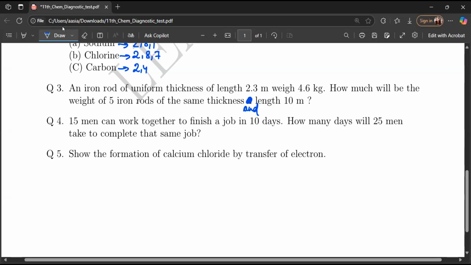Okay, you can show me your answer sheet on the camera. I will just check whether it's correct or not. Ma'am, I will write it again, one second.